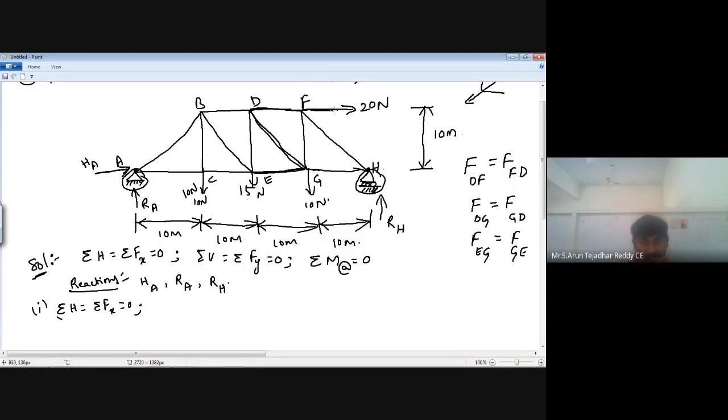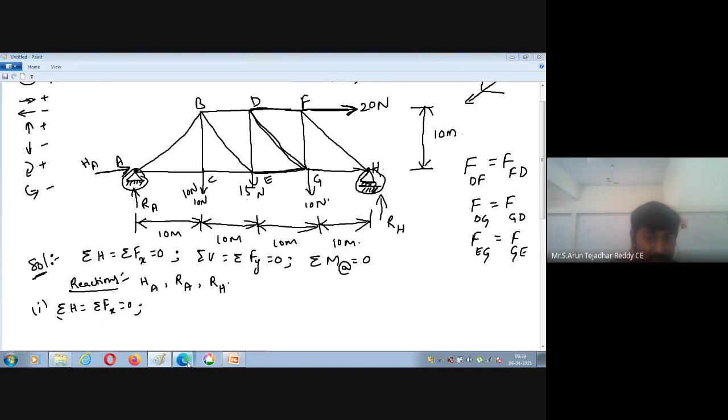The 20 newton load is acting horizontally, and another 20 newton load is also acting horizontally. And don't forget about the directions: right side positive, left side negative, upward positive, downward negative, clockwise positive, anti-clockwise negative. These directions are important. Don't forget about the directions.